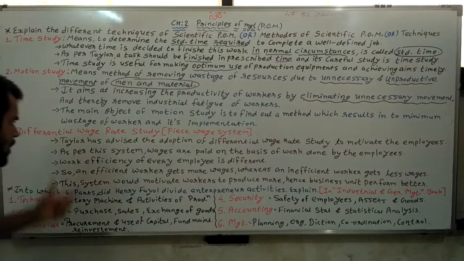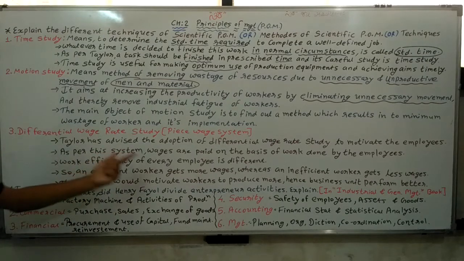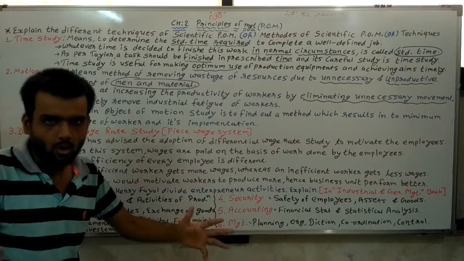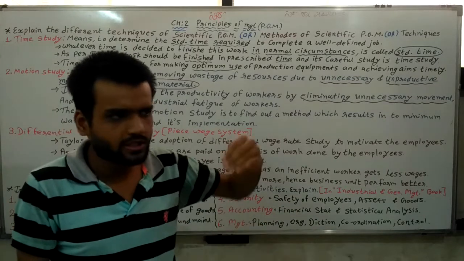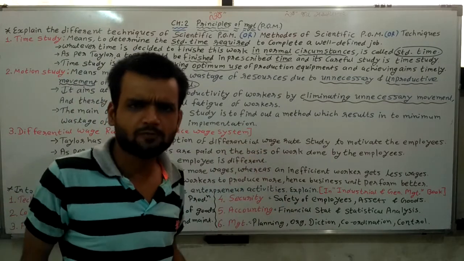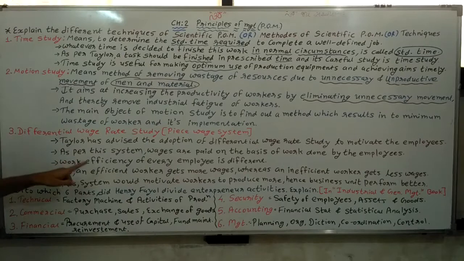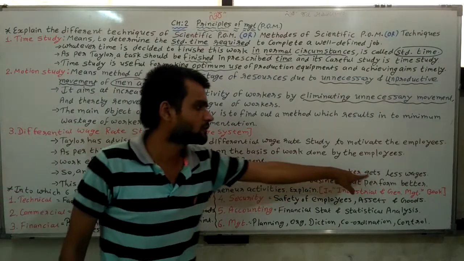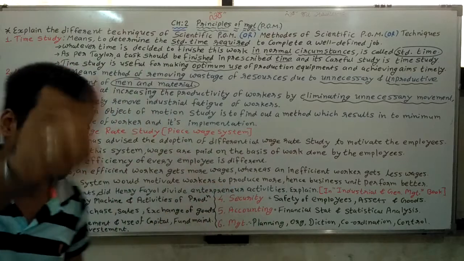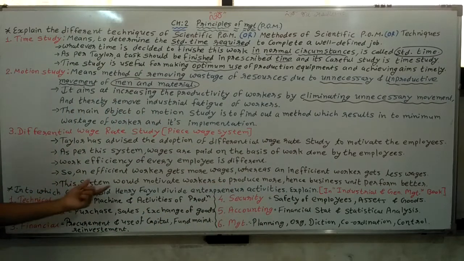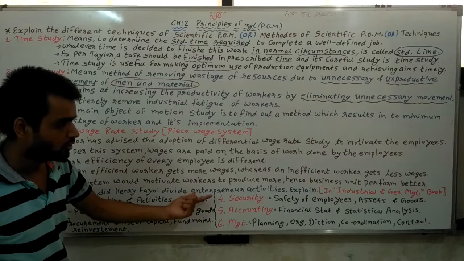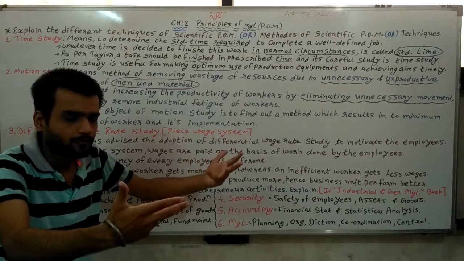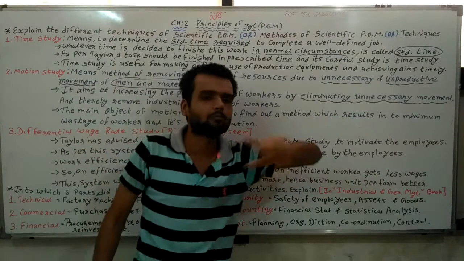Third thing, work efficiency of every employee is different. All employees are working, and efficiency is different. If an efficient worker gets more wages, whereas an inefficient worker gets less wages, this system would motivate workers to produce more. Hence, the business unit performs better.